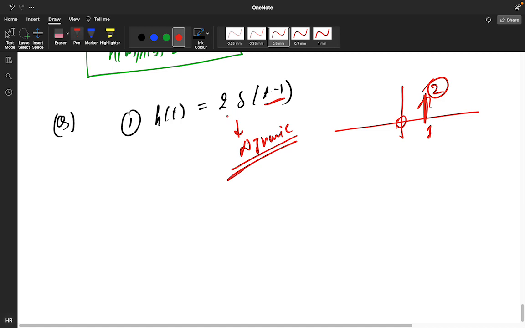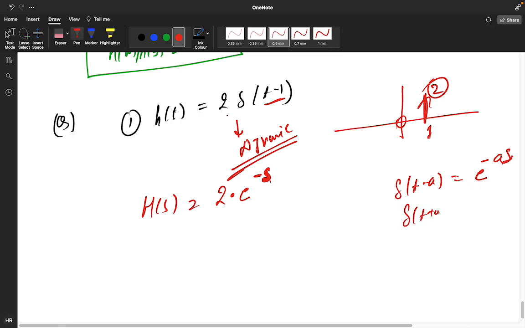Or even if you want to find the Laplace transform, h of s for 2 delta t minus 1: since t minus 1 is there, e power minus s is coming. The Laplace transform of delta t minus a is e power minus a s.